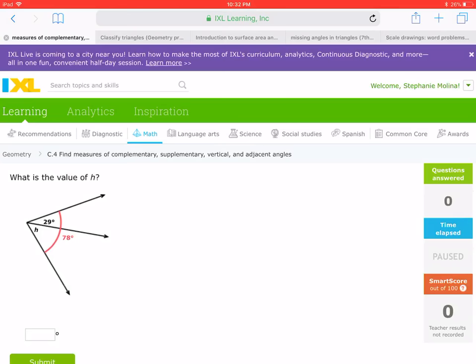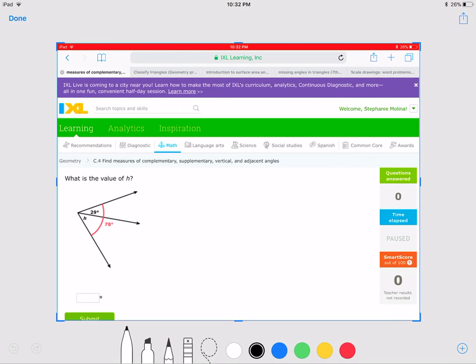So here it says, what is the value of h? It gives you three pieces of information: a variable, an acute angle, and a bigger acute angle, which is 78. Everything within that angle, so h and 29 degrees, have to add up to equal 78.